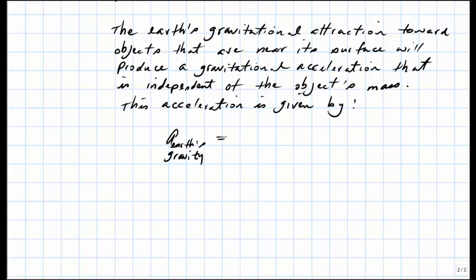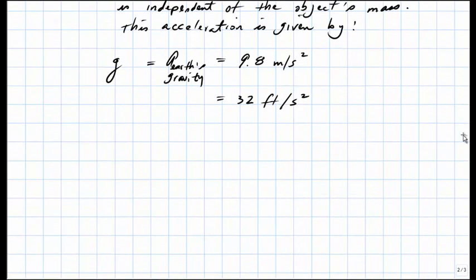And it so happens that the value equals 9.8 meters per second squared. And in the British system, the value is 32 feet per second squared. Now the textbooks refer to this value as g. And so g does not refer to gravity. It refers to gravitational acceleration. And we'll make a note of that.